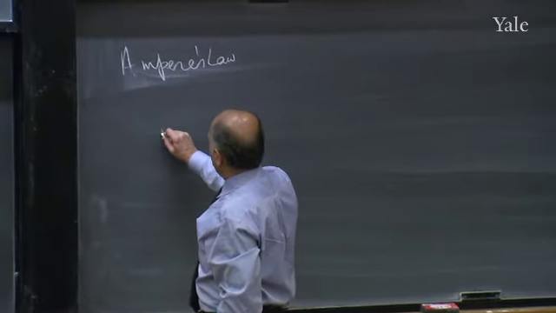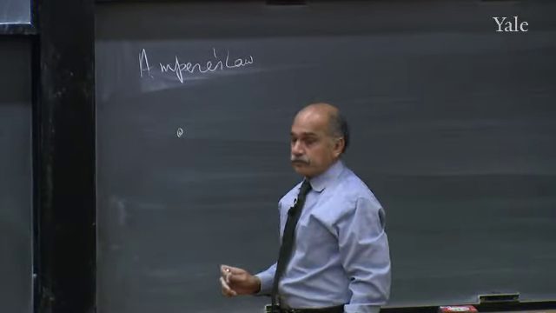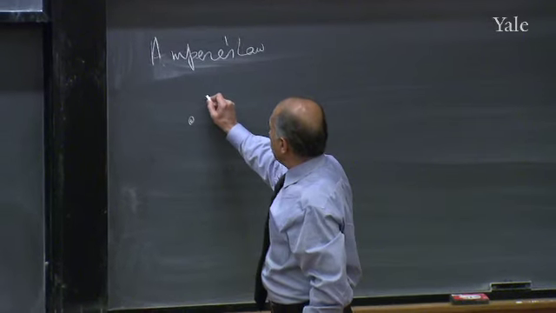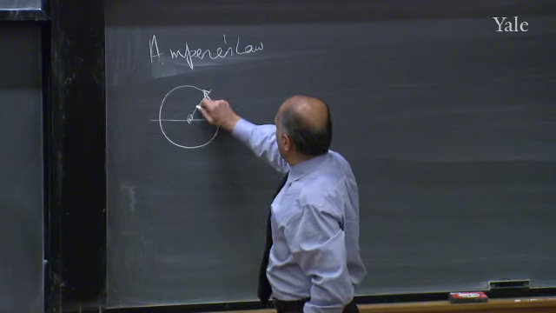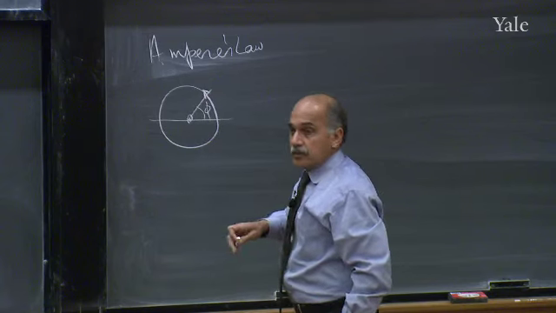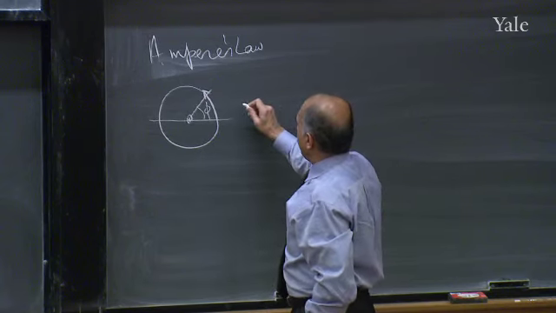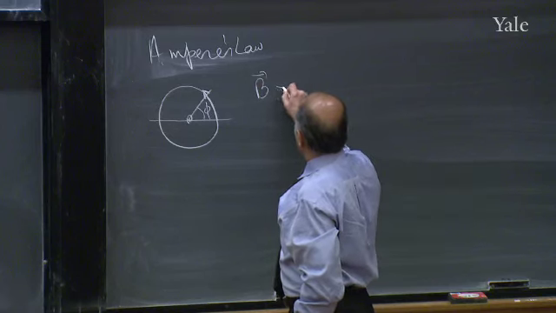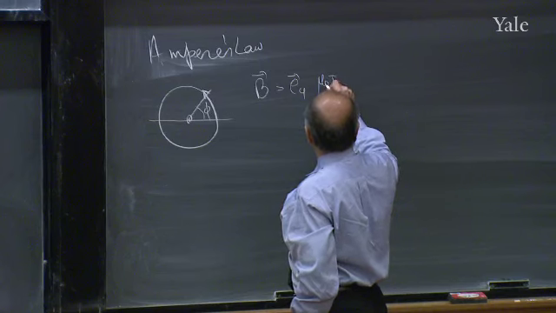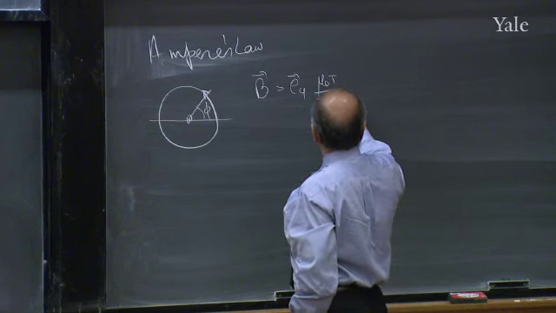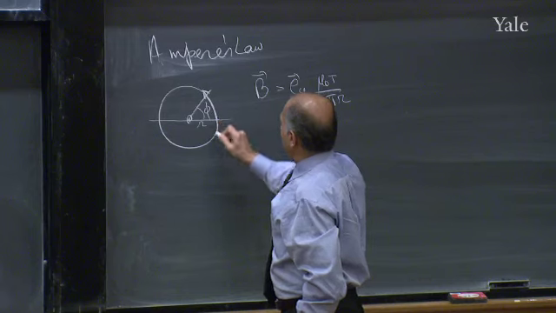Look at the current coming towards you. The field lines go like this. Let me call that angle phi. Then the magnetic field is a unit vector in the phi direction times mu 0 I divided by 2 pi r, where r is the distance.